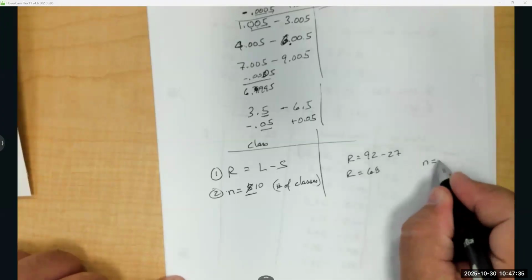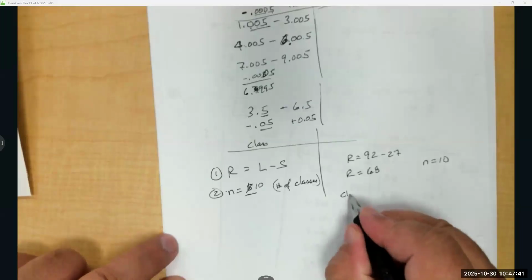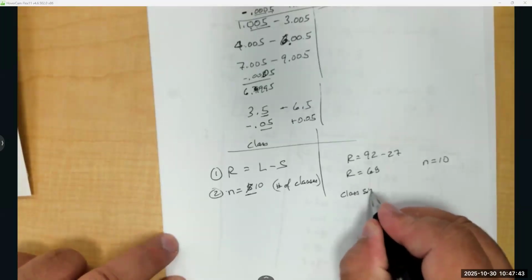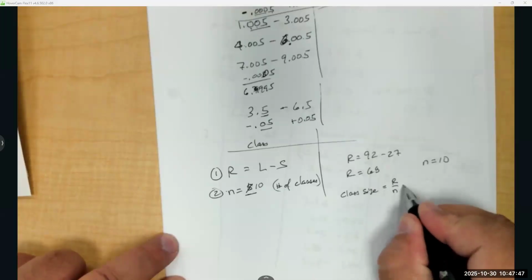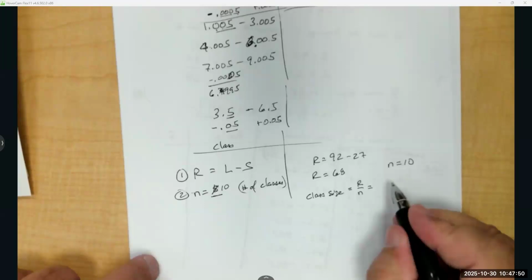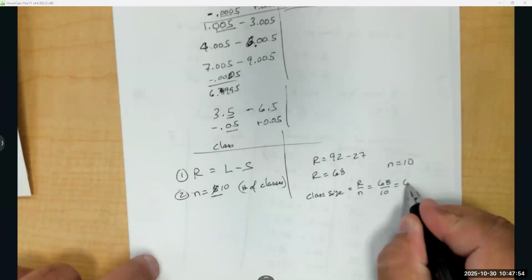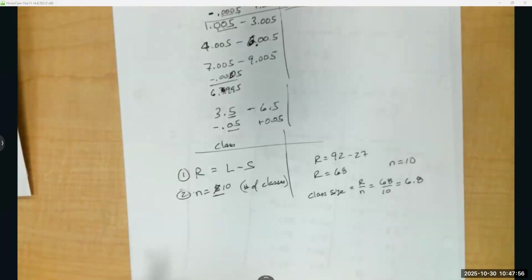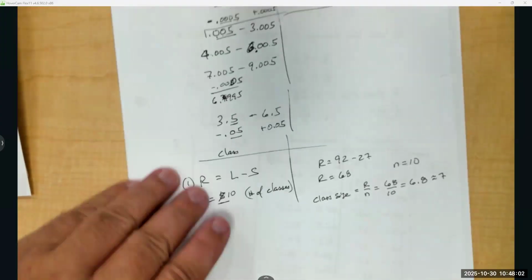I want 10 class sets. So my class size is R over N. 68 divided by 10 is 6.8. So round it up to 7, makes it much easier for us.